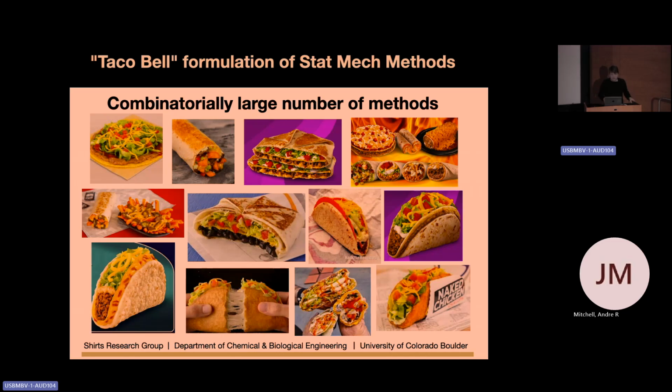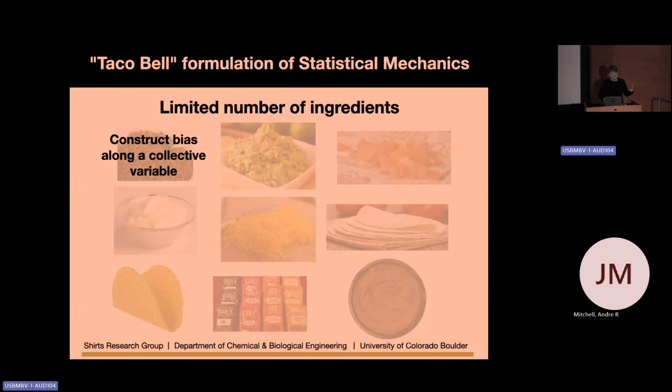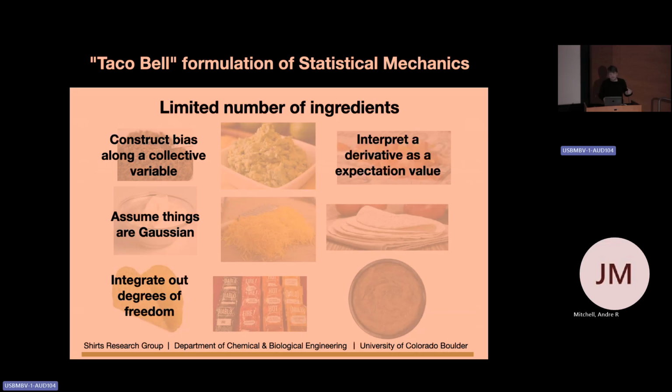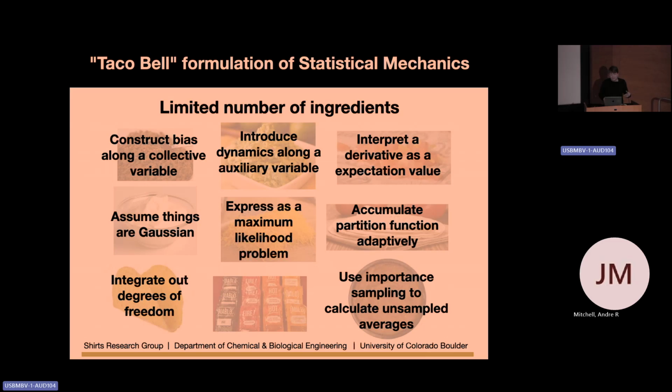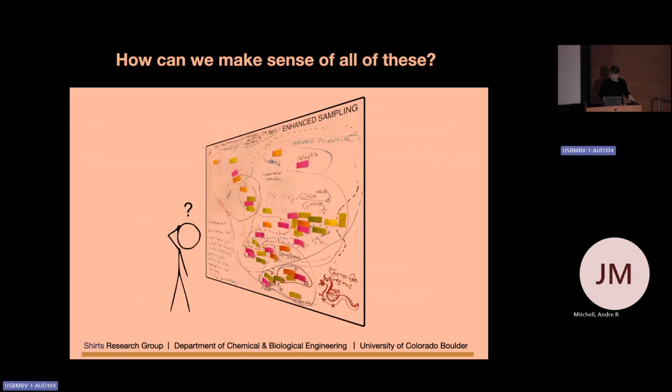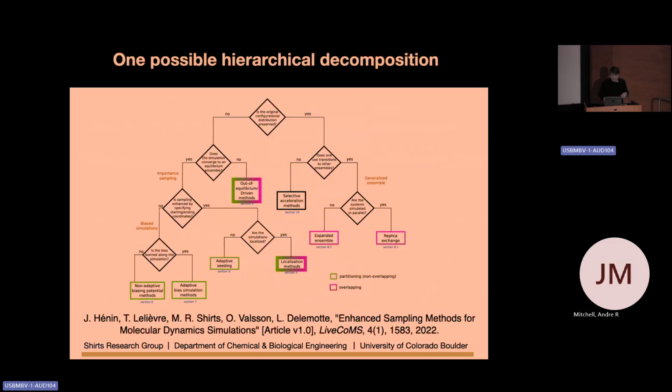And we have this in sampling methods: constructing bias on a collective variable, assuming things are Gaussian, integrating out degrees of freedom, interpreting a derivative as an expectation value, accumulating partition functions separately, using importance sampling to calculate unsampled averages, introducing dynamics along an auxiliary variable, expressing it as a maximum likelihood problem, machine learning. So there's a lot of different things we can put together in order to get the combinations that we can look at. So, how do we make sense of all of these?